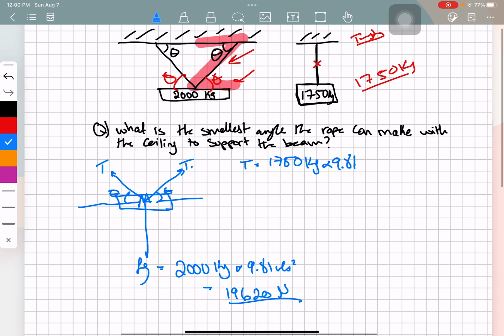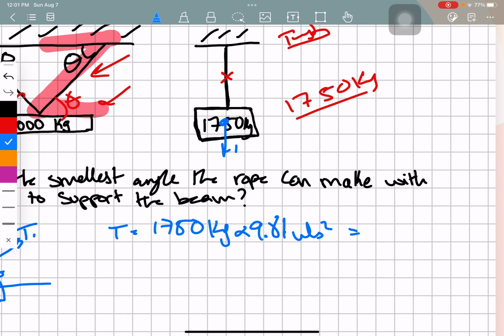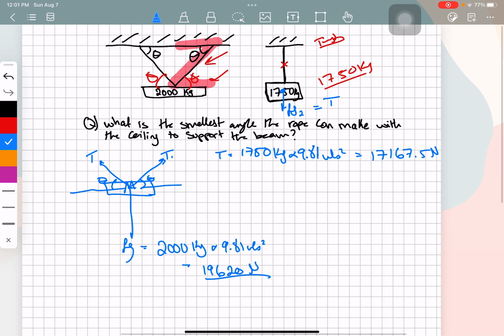Because that is the FG for this, let's say FG2, and that is equal to the tension because it is the maximum that it could hold. So this FG2 is equal to the tension, and we need that tension. So we multiply 1750 times 9.81, and that should give us 17167.5 newtons.